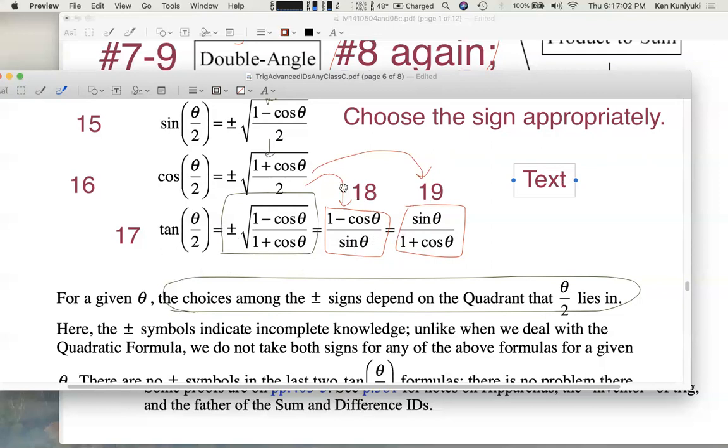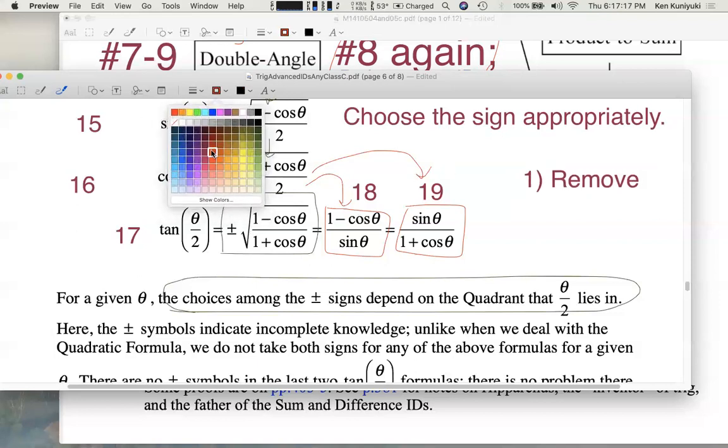These are the right-hand sides for these new identities. How do we get from here to here or here? First of all, what do we remove? We remove that plus minus symbol, right?